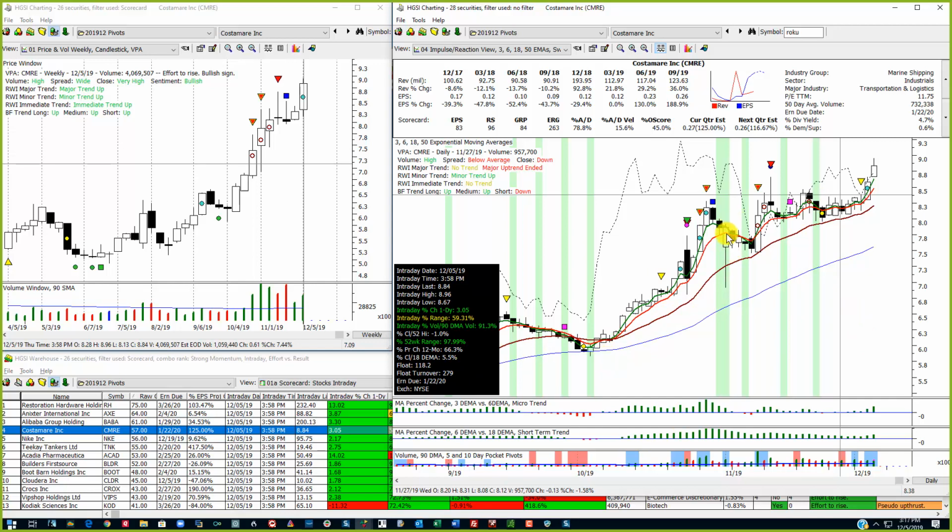It wasn't very tight here, but you can see that this was a shakeout. I don't know if this was an earnings shakeout or what, but there's a long lower wick and buyers stepped right back in. So supply intraday and then demand overcame supply.